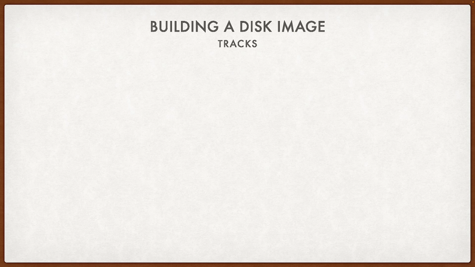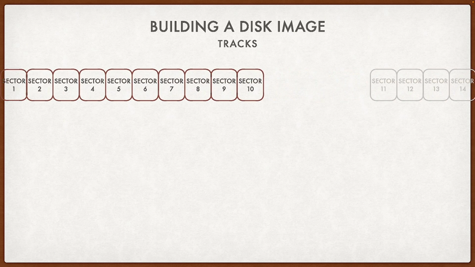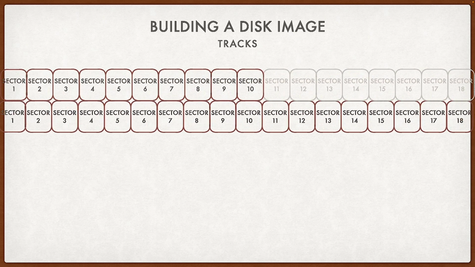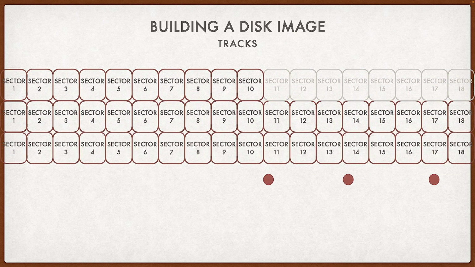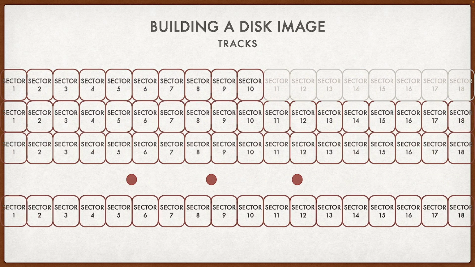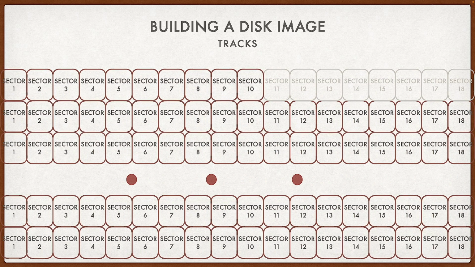This track 0 is supposed to have 10 sectors. We're going to take those 10 sectors, but then there's 8 more sectors that we don't want. We don't want those 8 on track 0, so we just skip them. We just ignore them. We just read past them. Read the 256 bytes for the first 10 sectors, then skip the bytes for the remaining sectors. And then for the rest of the disk, we just read all of them.